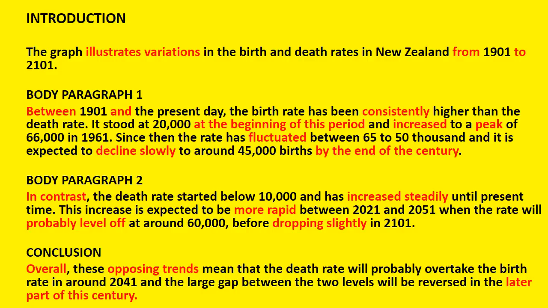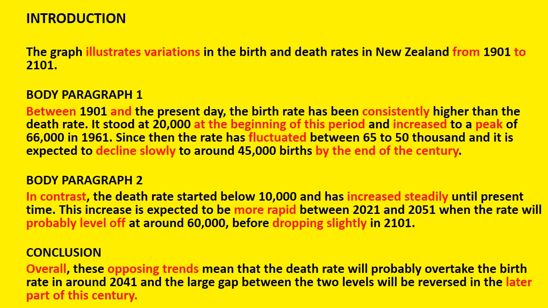See students, here the words which we have described in our vocabulary section, I have highlighted those words with red color. And it is compulsory for you to use these words because your examiner would be looking for the accurate vocabulary which is required to describe graphs.